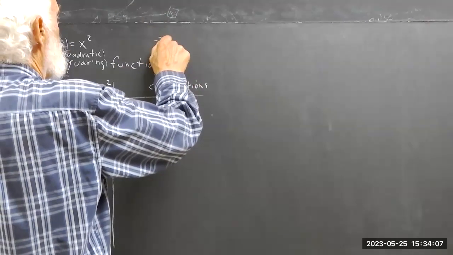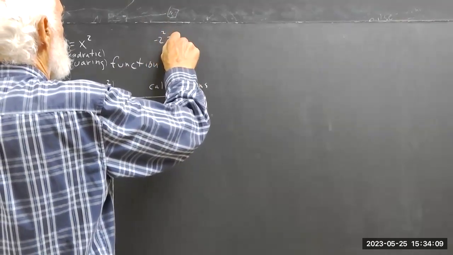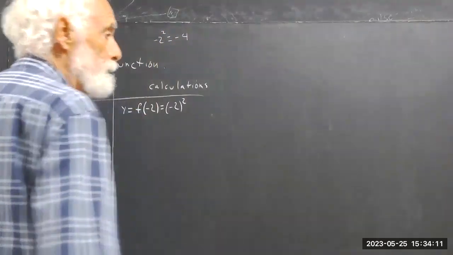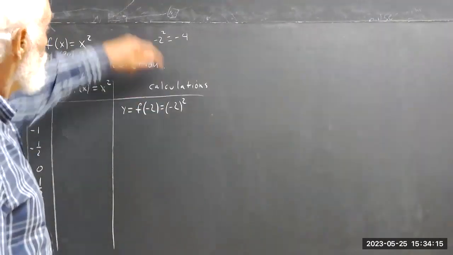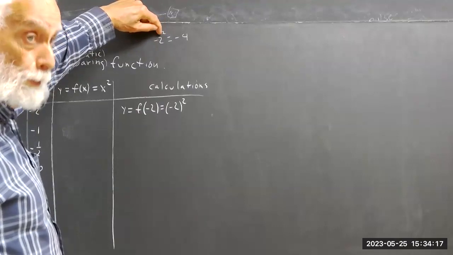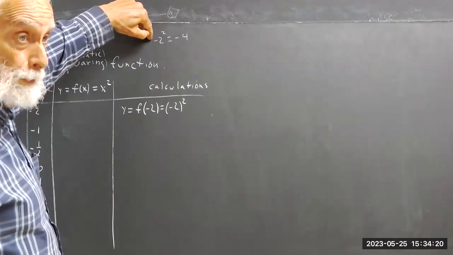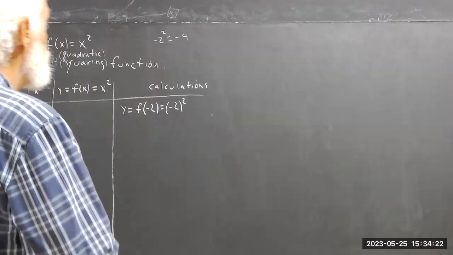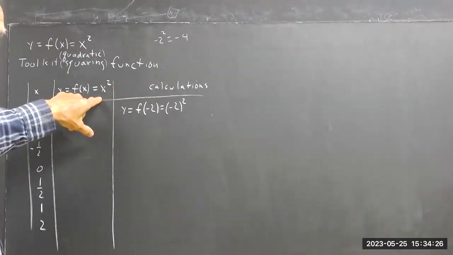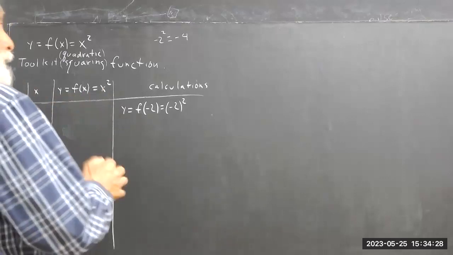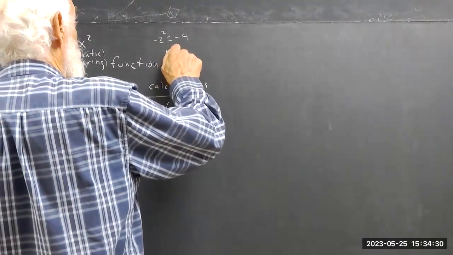side note, -2 squared is -4. Because of order of operations, the square only applies to the 2, not to the negative sign. This function says you square X. If X is -2, that means you square -2.